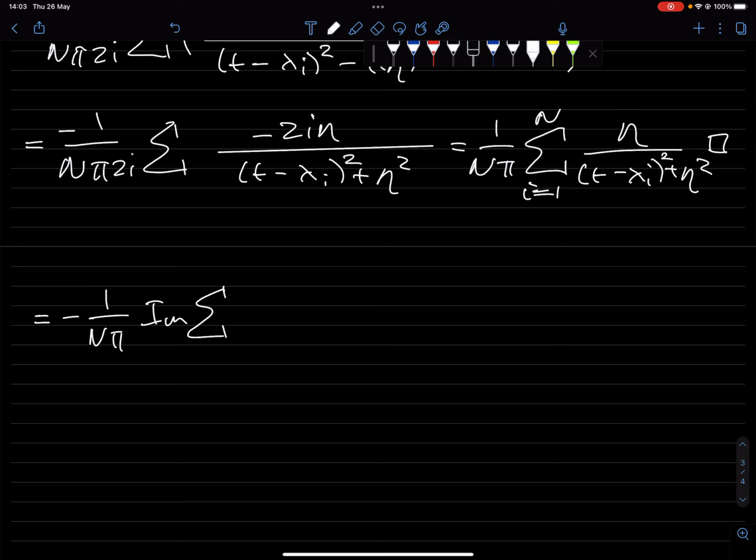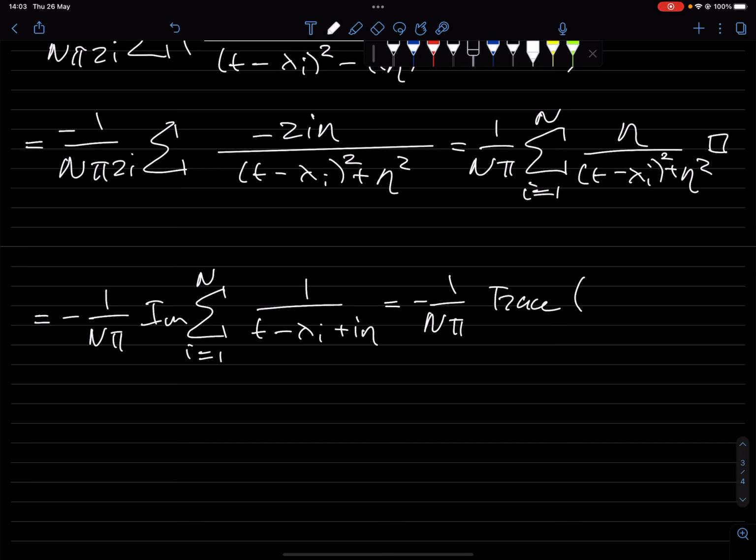So this is what we had before, and we can write this as minus 1 over n pi, the imaginary part of the trace of this matrix, (t I minus A plus i eta I) to the negative one power, so the inverse of that matrix.